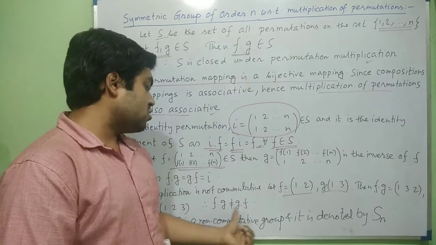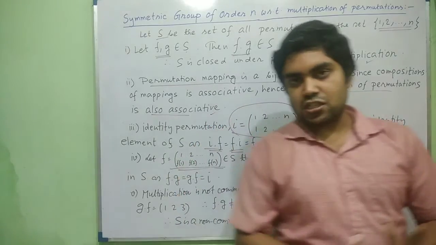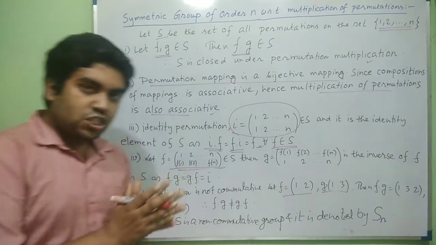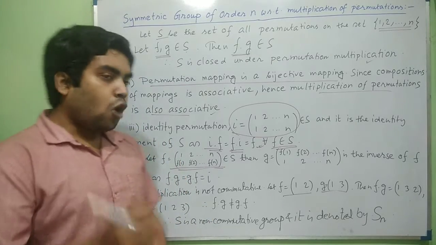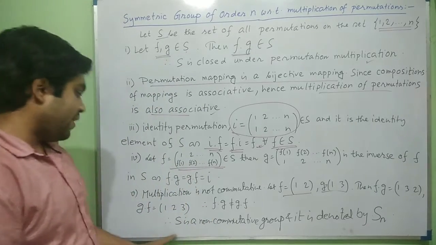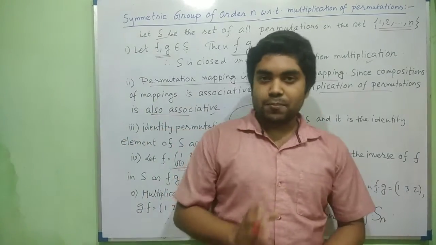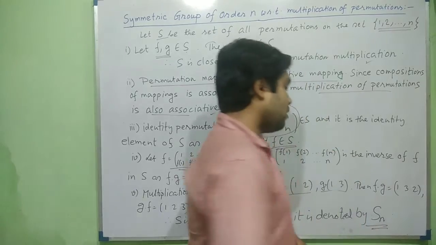Therefore f dot g is not equal to g dot f. Hence commutativity of this set does not hold. So we can say that the collection of all permutation mappings forms a non-commutative group. So S is a non-commutative group with respect to permutation multiplication, and we denote it by Sn, where n is a natural number.